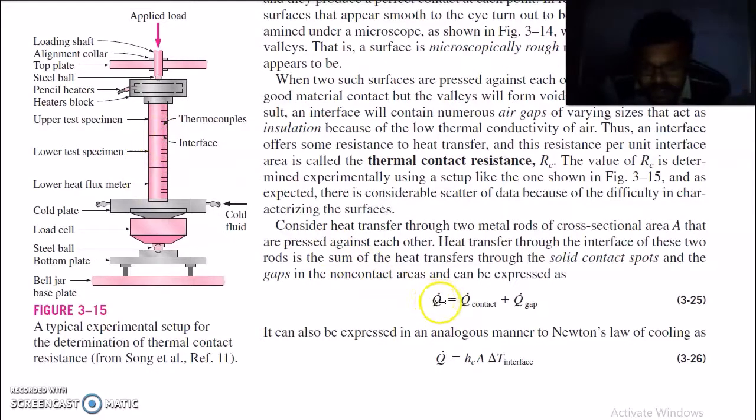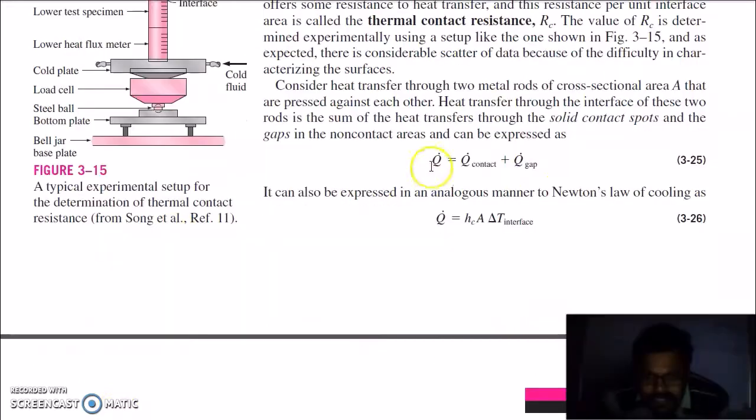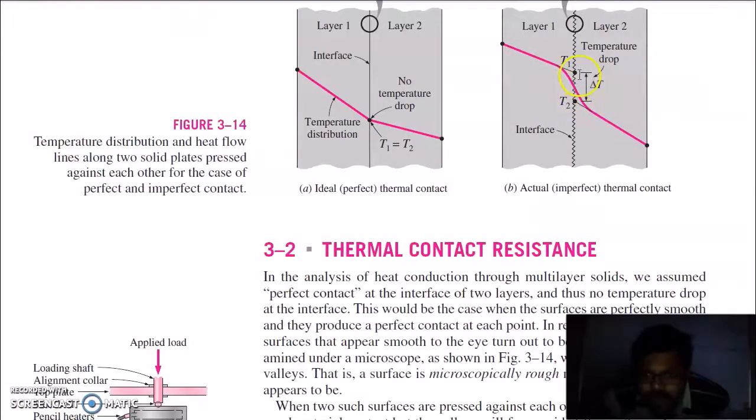Means heat transfer can be divided into the part in contact with each other and the gap which contains the air. This heat transfer also can be expressed by Newton's law of cooling, which is Q = Hc A ΔT interface. Now here ΔT interface is the temperature drop across the interface.